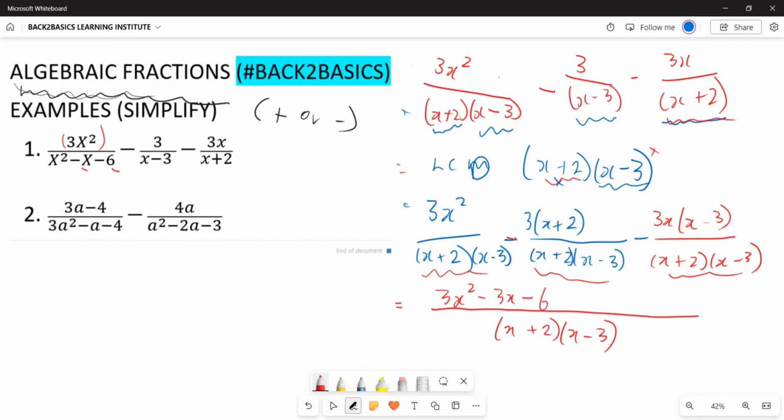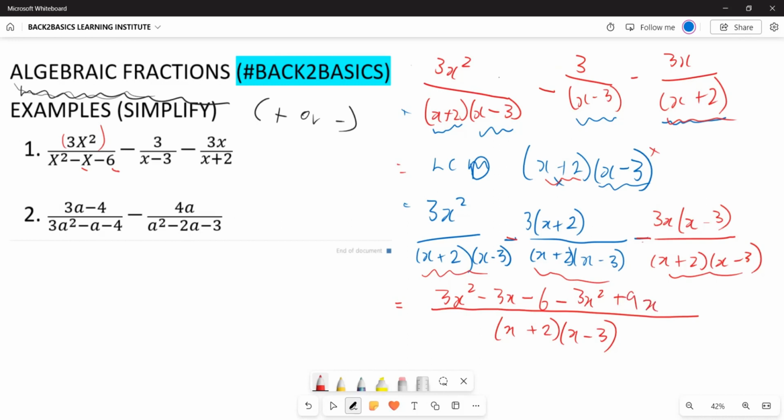And when you come this side, this side is going to be negative also. So this is negative 3x. So this is going to be negative 3x squared when you multiply with this negative, and when you multiply this one, negative and negative, yes, positive 9x, right?